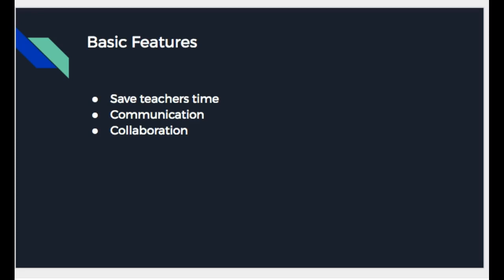It helps you prepare in advance as well, because you can save posts and assignments and schedules as drafts. It's great for quick exit tickets and polling by using the question feature. And it helps you keep your students organized, your classes organized, and allows you to keep your resources all in one place.